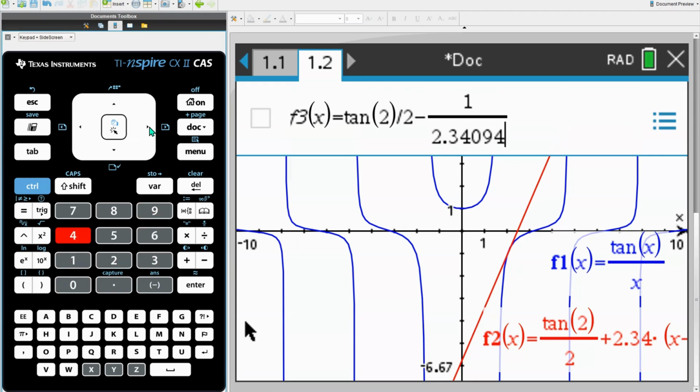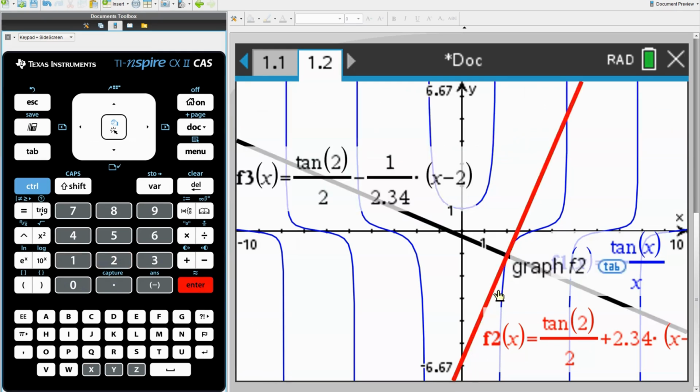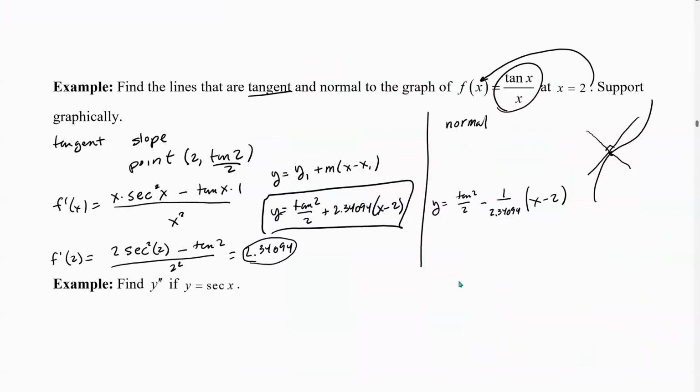There's my slope of the normal line, and we'll multiply that by x minus 2. And hit enter. And indeed, those two curves look like they cross at a right angle. The black one is the normal, the red one is the tangent. Excellent. Alrighty.